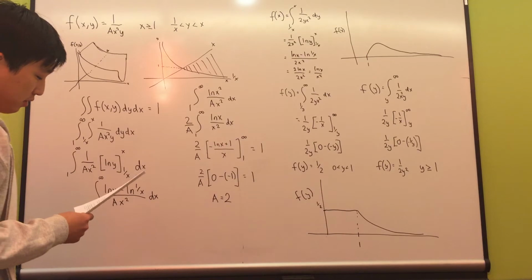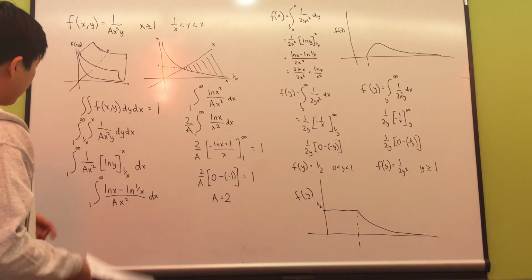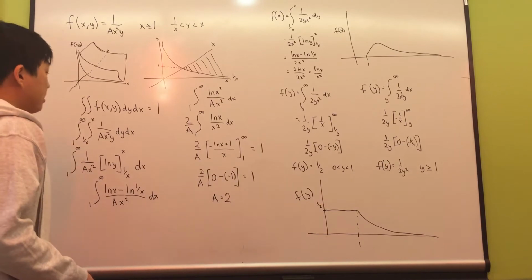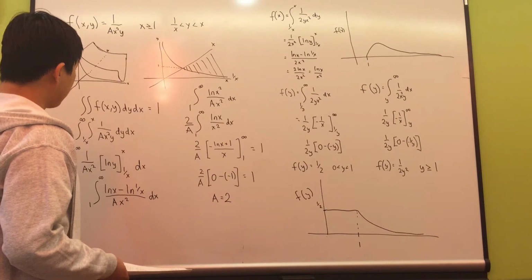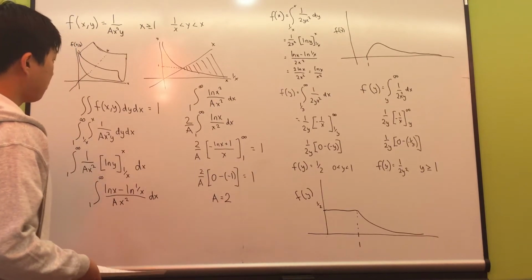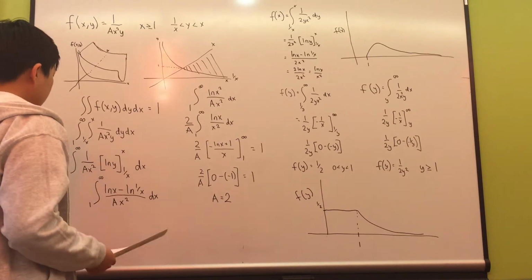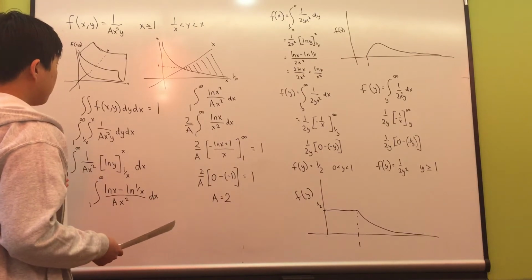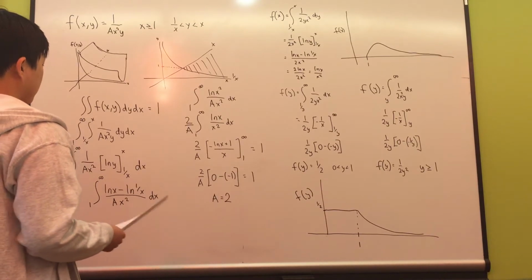The next part is to find a such that this joint density function is valid. A joint density function is valid when the double integral of f of x and y is equal to 1. We have to choose the bounds, and it'd be easier to use dy dx than dx dy.